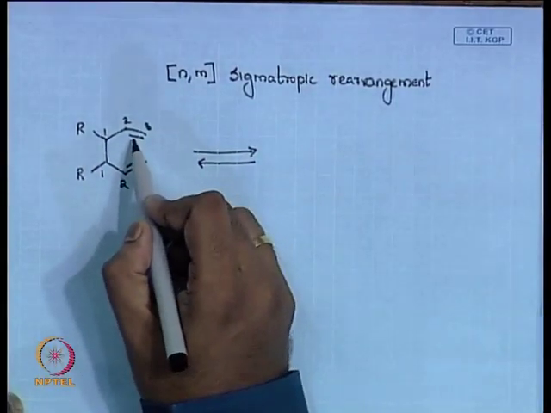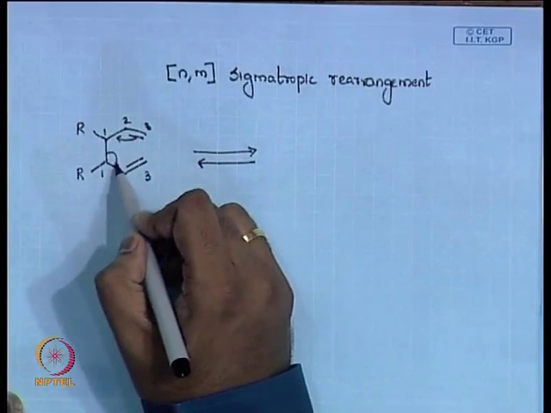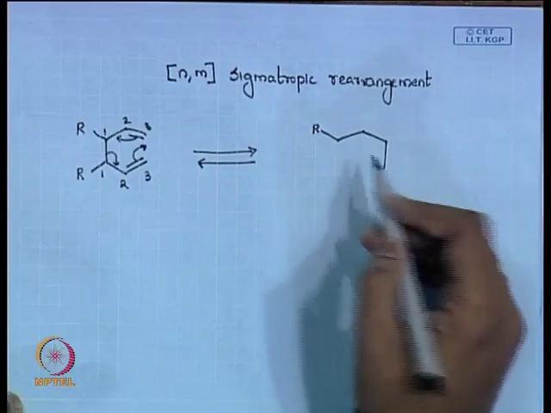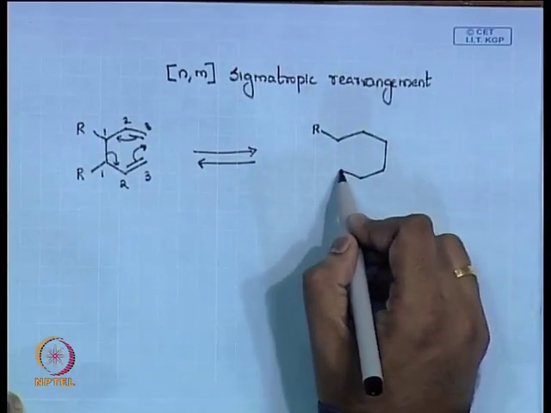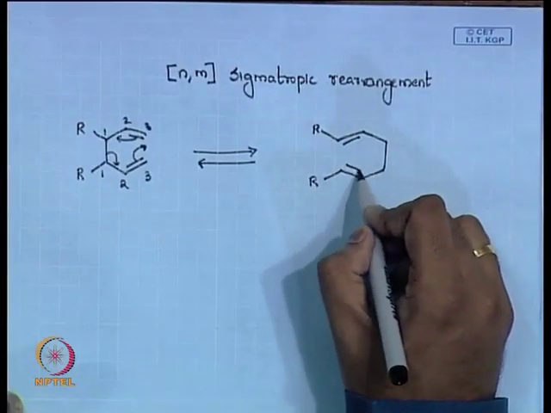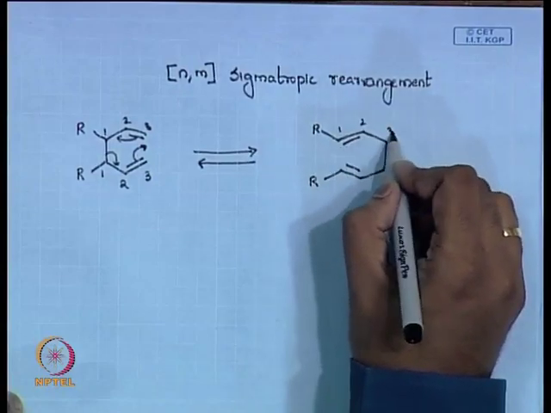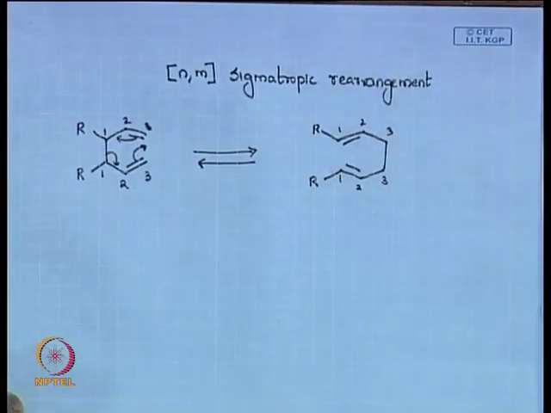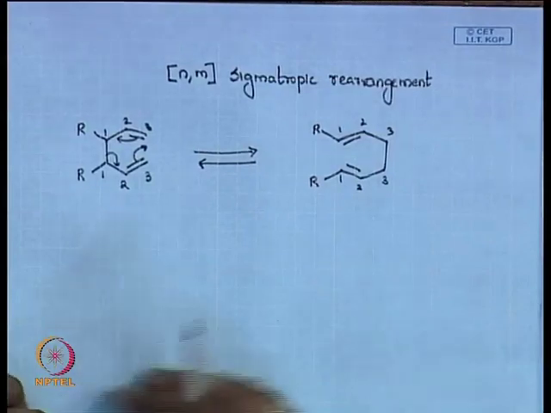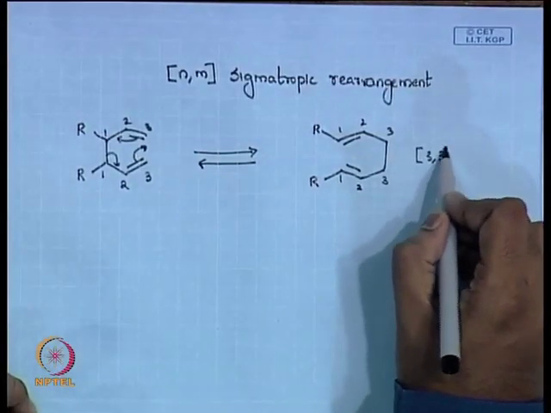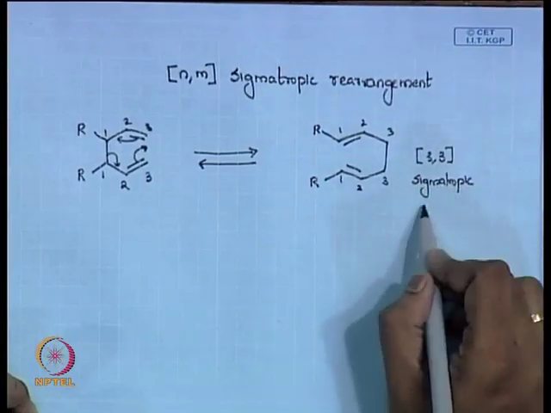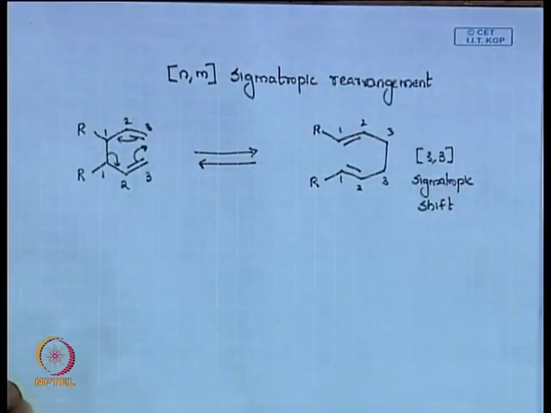So, after the reaction, where it has moved, 3,3. So, this is your n and this is your m. So, then it becomes a 3,3 sigmatropic shift. Fine.